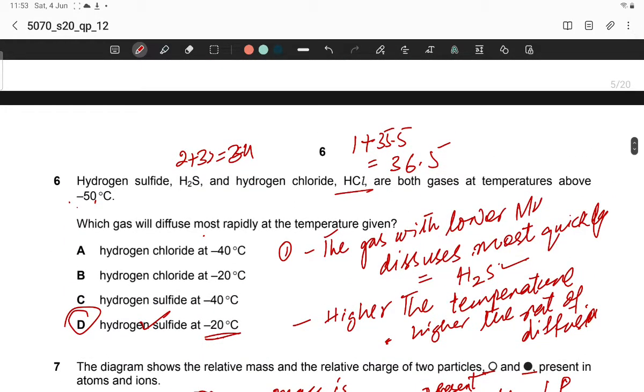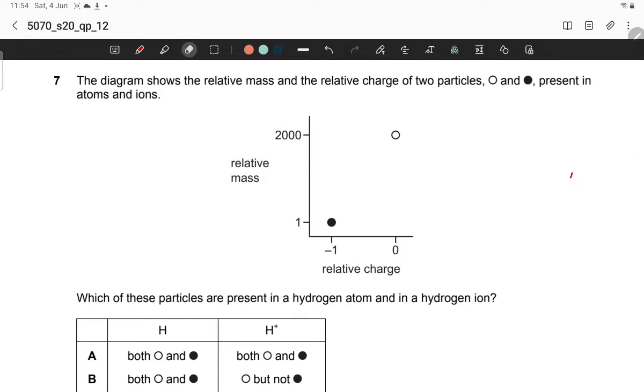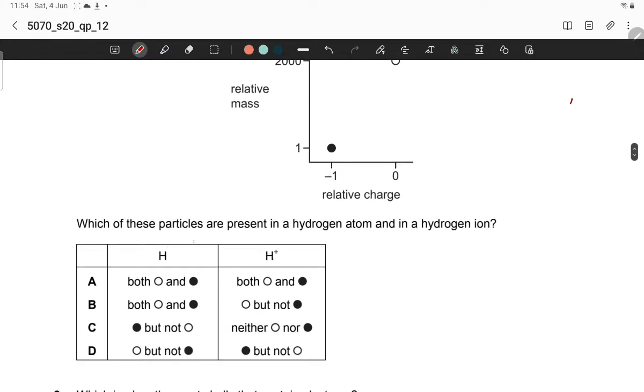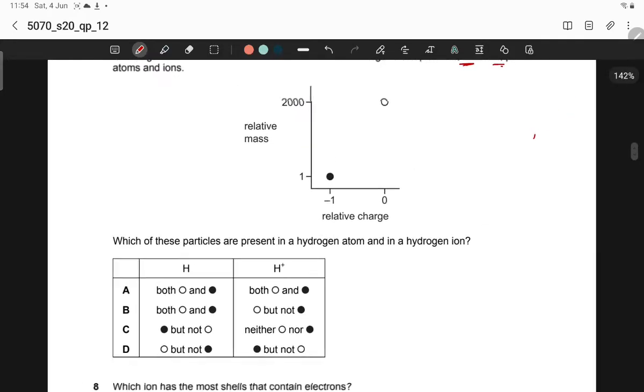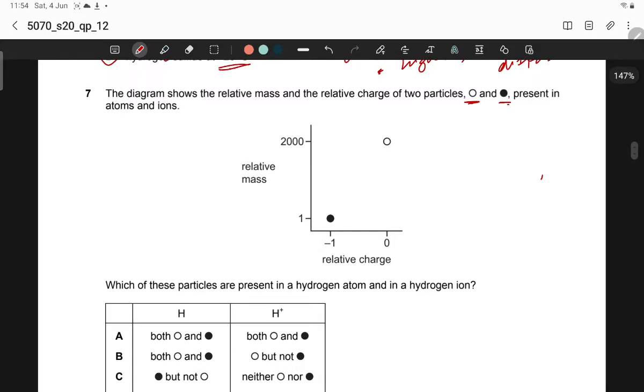Question number 7. The diagram shows the relative mass and relative charge of two particles, unshaded circle and shaded circle, present in the atoms. Which of these particles are present in a hydrogen atom and in a hydrogen ion? So the relative mass is this.